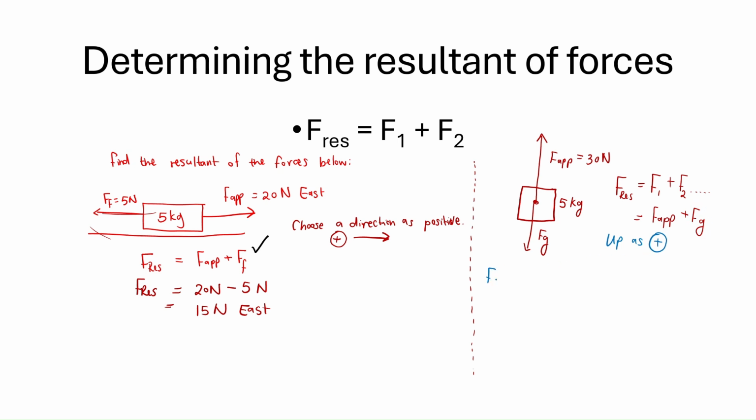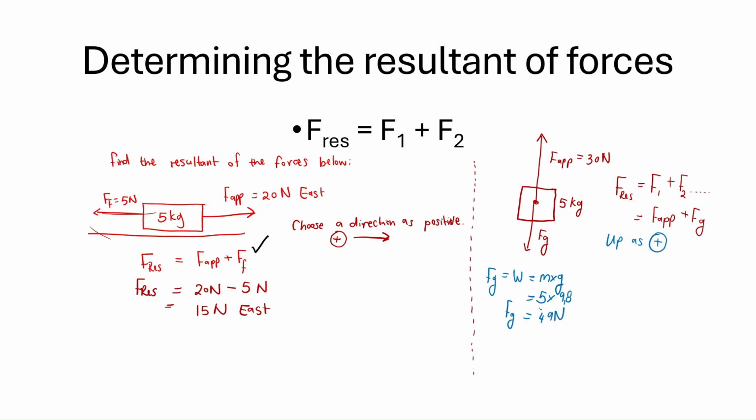The force of gravity we know to be weight, and weight, according to the previous lessons that I have taught you guys in the videos introduction into forces, Fg is equal to W, which is equal to the mass multiplied by the gravity. But what is the mass of the specific block? 5 kilograms. And what is the gravity? 9,8 meters per second squared. And in this circumstance we'll find the force of gravity is equal to 49 newtons.